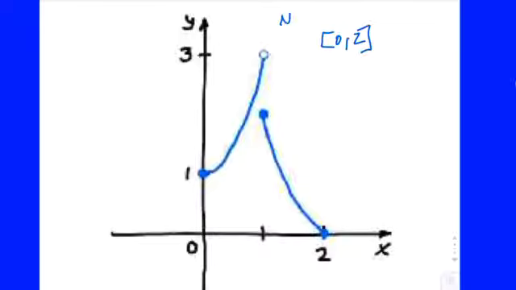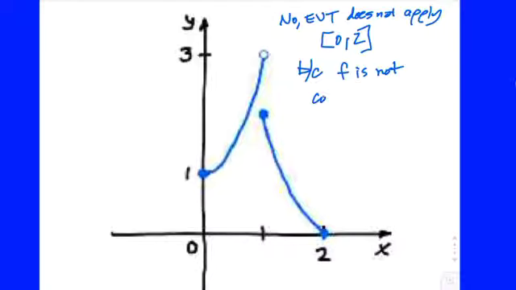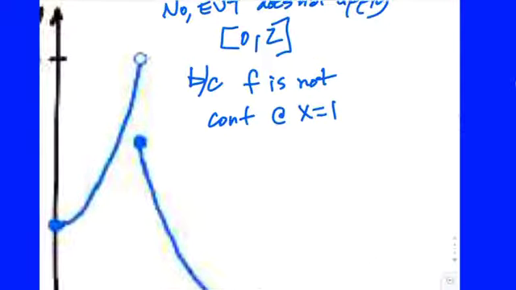Okay? No, comma, EVT does not apply because, why? F is not continuous. You could say at x equals 1, and then should we stop there? Why is 1 relevant?